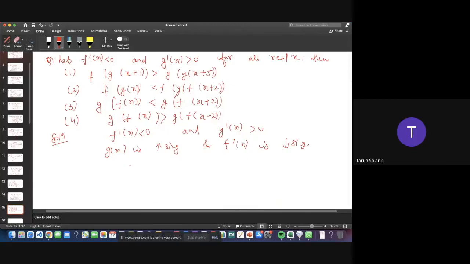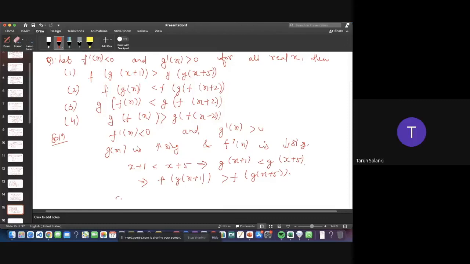So we can say x+1 < x+5, which means g(x+1) < g(x+5). So f(g(x+1)) is less than f(g(x+5)).